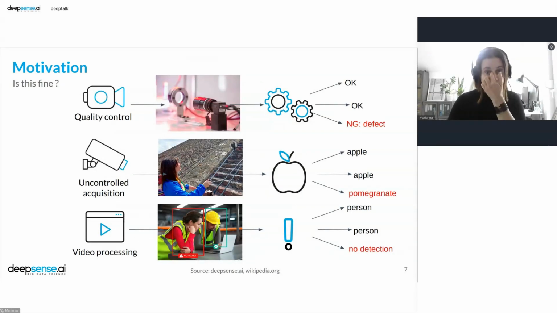Let's consider what would happen in different scenarios if our model was not translation invariant. In the case of quality control, the same item tested a couple of times gives different results. Such a situation happened to me in my professional career. I was working on a quality control project, and one day the client reported that during testing of the same item, the system returned different defect lists.